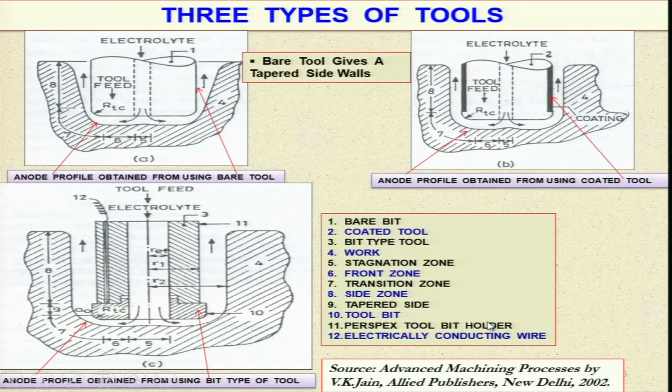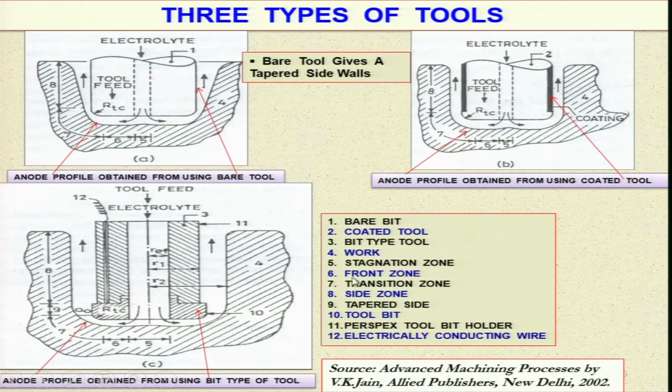So, different parts are given over there. The bare bit is there, and then we have the coated tool. The bit type of tool is here, and then the workpiece is there. The stagnation zone, 5, is shown in different cases, and this is the stagnation zone over here.